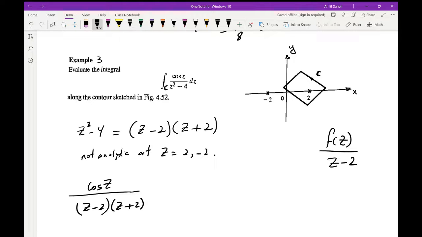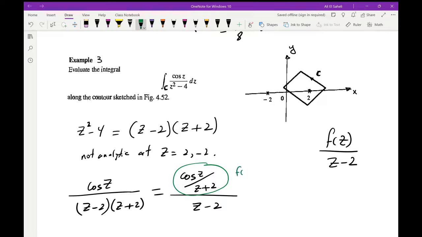Since 2 is inside, enclosed by the contour C, we want z0 to be 2. So this is going to be equal to cosine z divided by z plus 2, over z minus 2. So now this is our function f of z.